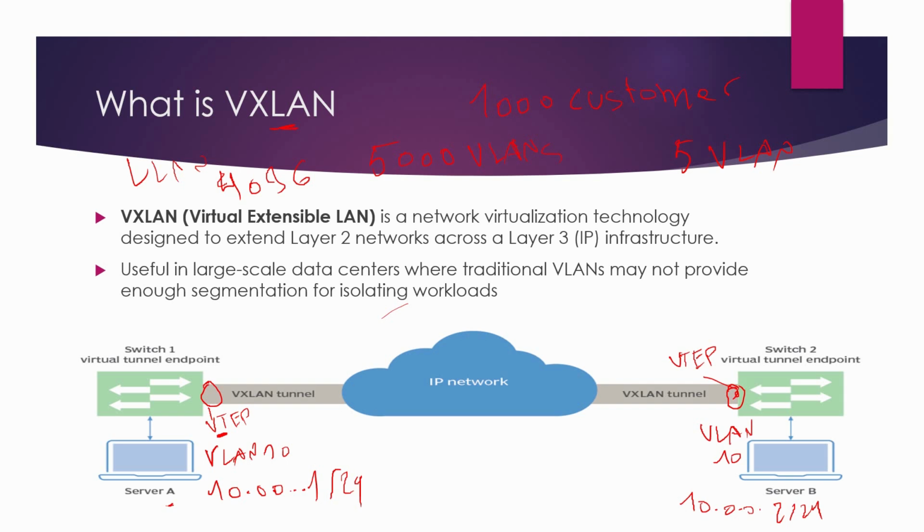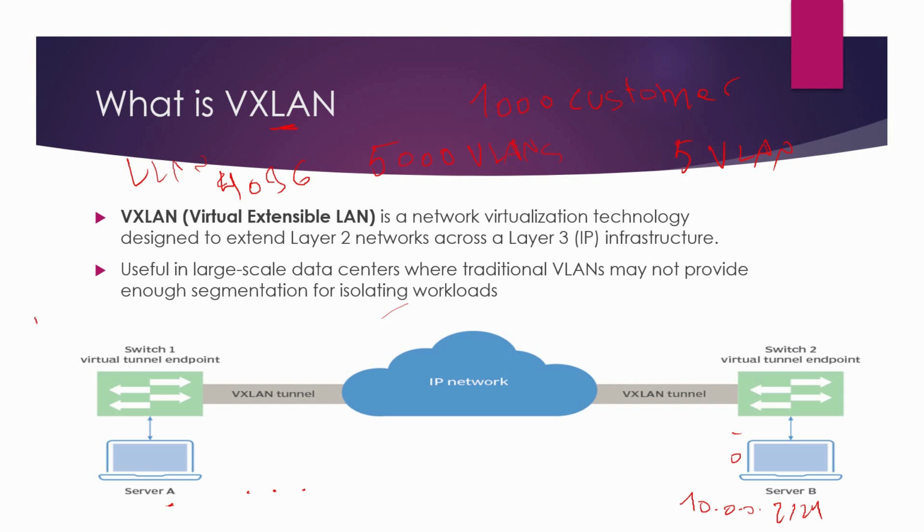So the idea here is, if we have VLAN 10, let's go here. First of all, we need to create a VTEP. We should have an interface VTEP, okay? And this interface has an IP.